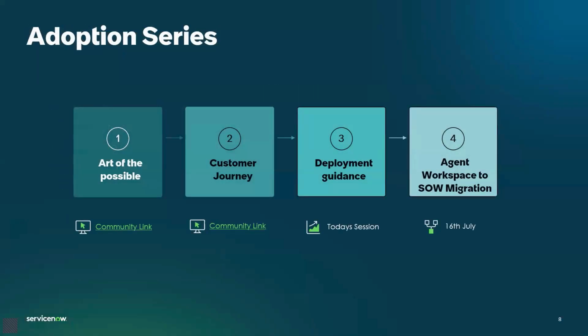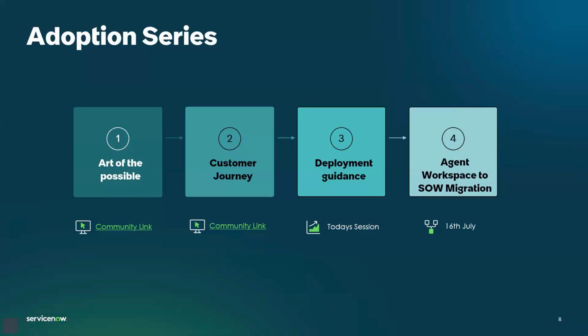So I'm going to do a quick recap of the adoption series. We started the first session by giving a demo on the life of a ServiceNow service desk agent. This included key capabilities like the SOW landing page, on-call scheduling, and major incident management with Now Assist.